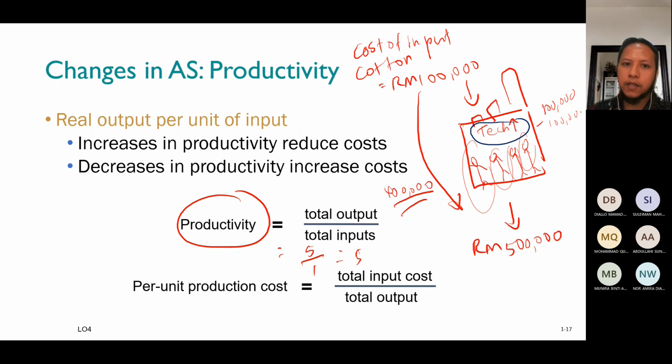They have the same input, they spend 100,000, but now because of the new technology, the value of the output, instead of 500,000, is now 1 million.